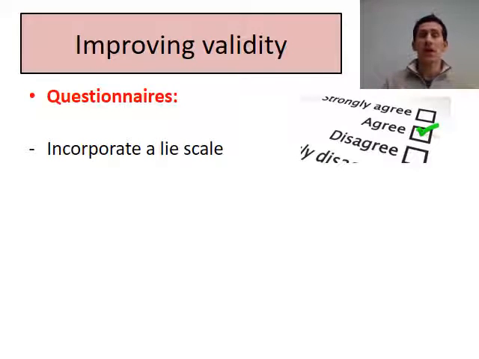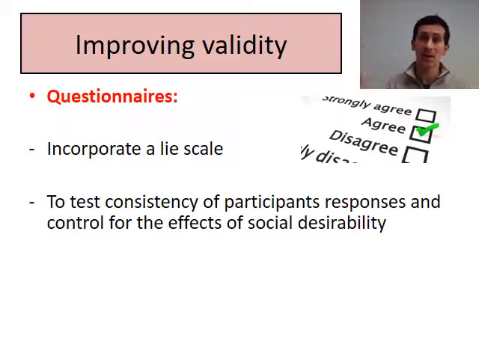When we're looking at questionnaires, one way to improve the validity is to incorporate a lie scale. If any of you have completed a long questionnaire that's been correctly constructed, it will have a lie scale in there. What that does is it checks the consistency of your responses. So it might have a few different questions throughout it which are asking the same thing but slightly differently, and therefore it's checking whether you're giving similar responses.